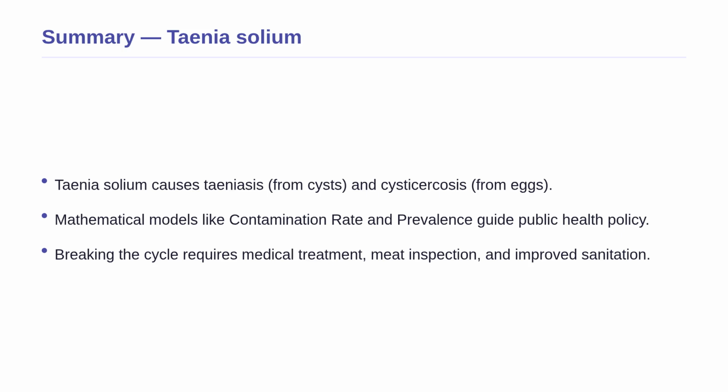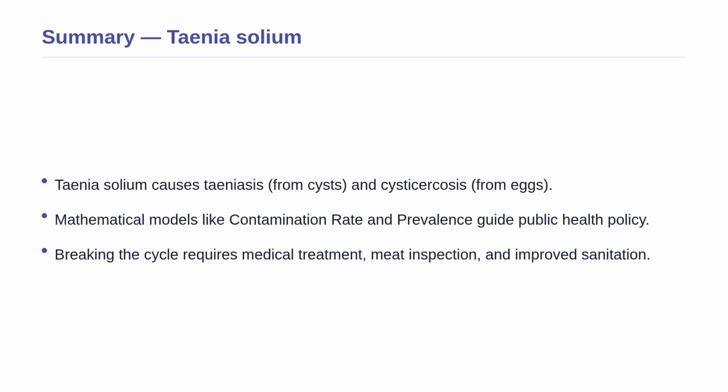We have covered a tremendous amount of ground today, so let us review the most important ideas. First, Taenia solium is a highly adaptable parasite that causes two distinct diseases, teniasis, from eating larval cysts, and the much more dangerous cysticercosis, from ingesting eggs.